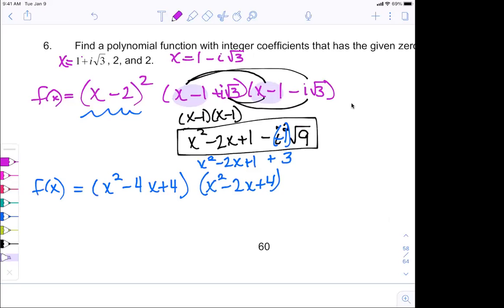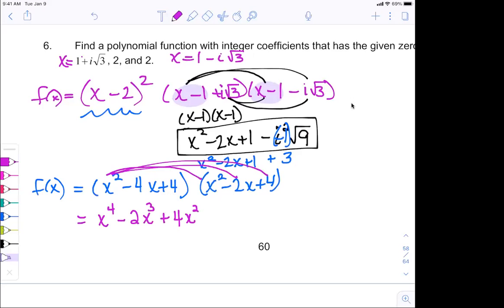Excellent. And he used the perfect word, distribute, because that's what you're really doing. You're taking each part in the front and you're distributing it to each piece of the back. Just be really careful watching all of those powers. So x squared with negative 2x, and then x squared with 4.